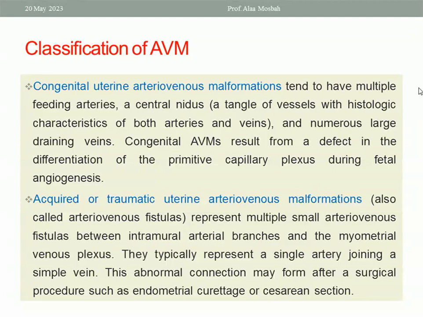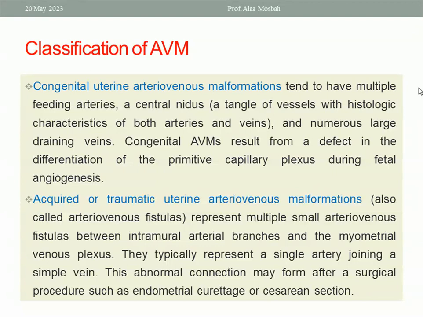What about the acquired one? The acquired is also called the traumatic one: acquired or traumatic uterine arteriovenous malformation. Also, it is called arteriovenous fistula. This represents multiple small arteriovenous fistulas between intramural arterial branches, branches of the uterine artery, and the myometrial venous plexus.